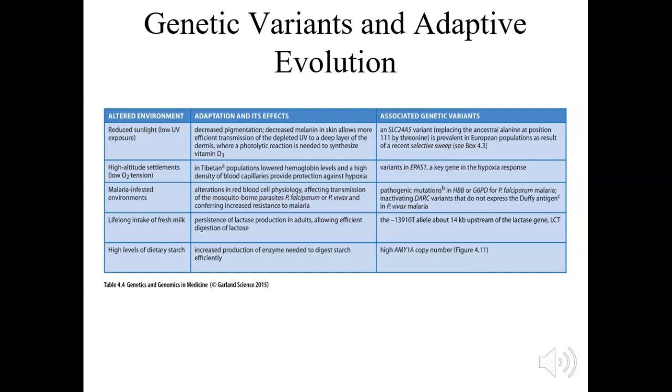And of course, ultraviolet radiation obviously has a degree of variation. If we have low exposure to it, some particular versions of genes like SLC24A5 have a lot to do with pigmentation.